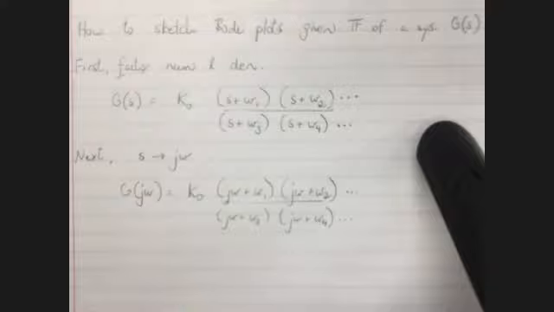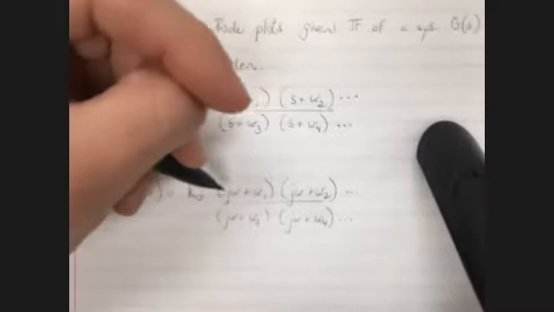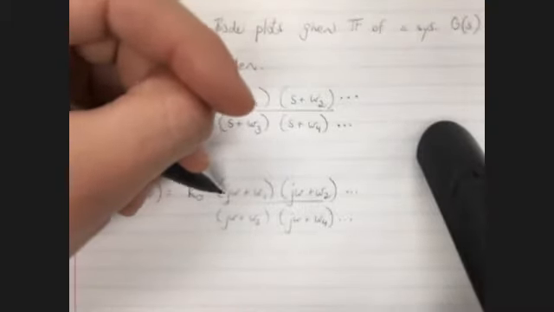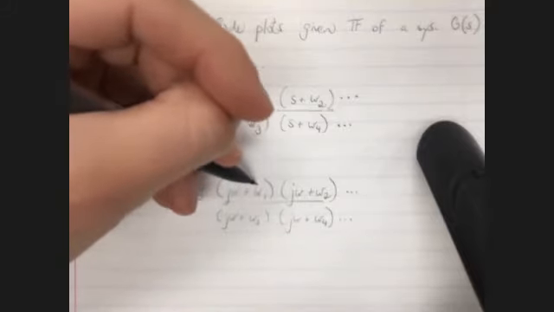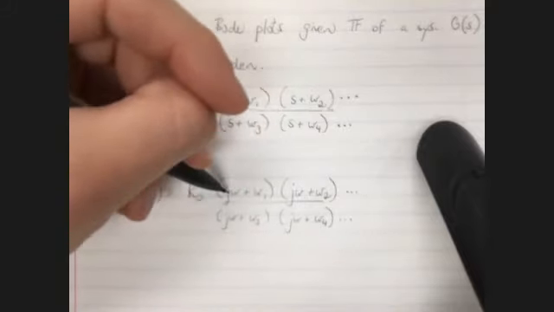All right. Next, each of these terms we're going to modify in the following way. At this point you've got j omega plus omega 1. We're going to divide this term by omega 1 so that you get 1 plus j omega over omega 1.